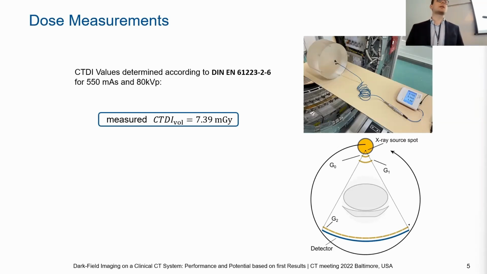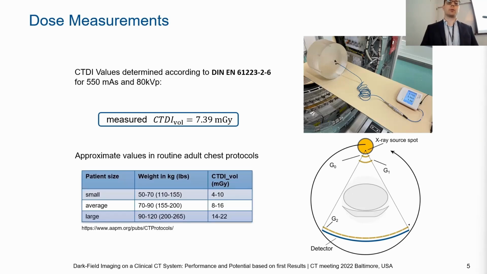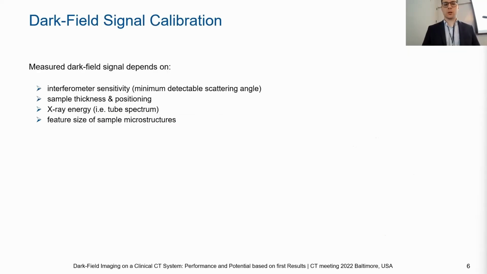This slightly low value is due to the fact that we lose quite a bit of radiation in these two gratings up here. However, if we compare this to clinically acceptable ranges for routine adult chest protocols, we can see that we are quite nicely within range here, which for an initial prototype system is quite good, I think.